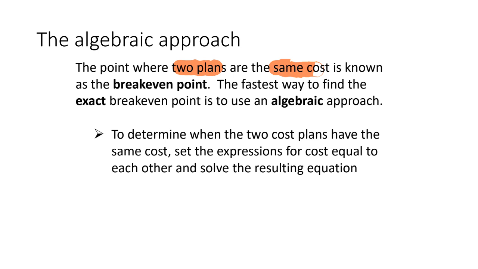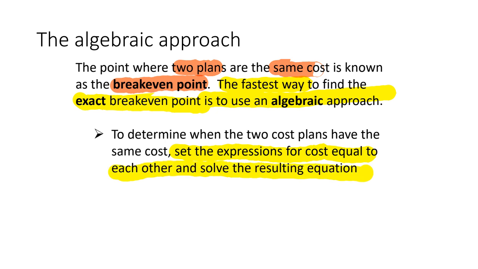Now, the fastest way, and that's always very nice to know, the fastest way to find the exact break-even point is to use the algebraic approach. To determine when 2 cost plans have the same cost, we are going to set the expressions for the cost equal to each other and solve the resulting equation.